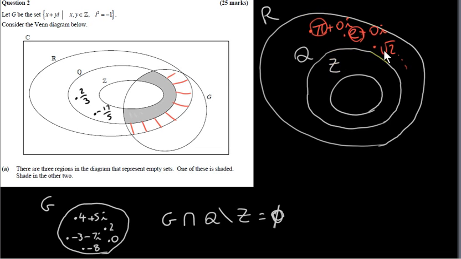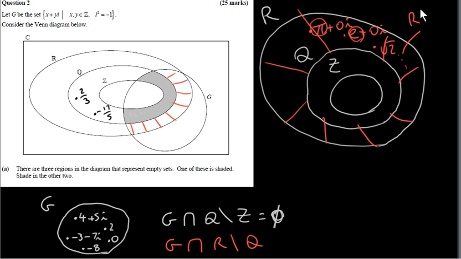So numbers like this do not belong inside G. So that means that the intersection of G with R less Q, R less Q is this region here. Set G and set R less Q have no elements in common, so this intersection is empty.